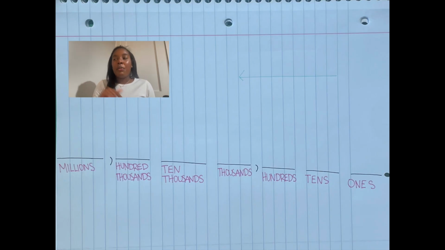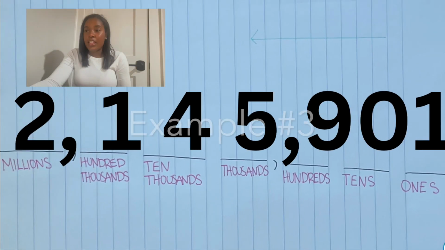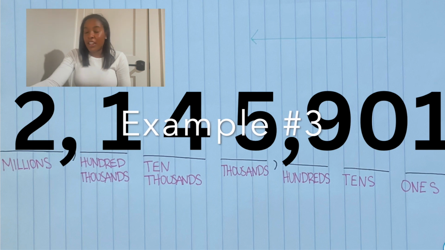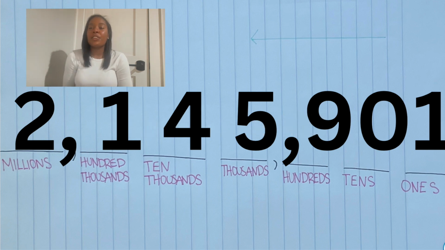So let's look at more place value terms, going up to the millions place. This is a much bigger number. Like I said earlier, we're going to be going all the way up into the millions. So with this example, it's going to be a bit more complex than our previous example because we're going past the thousands.